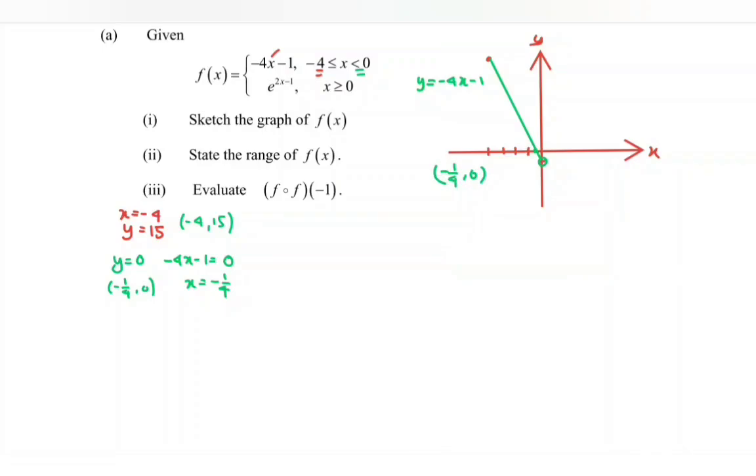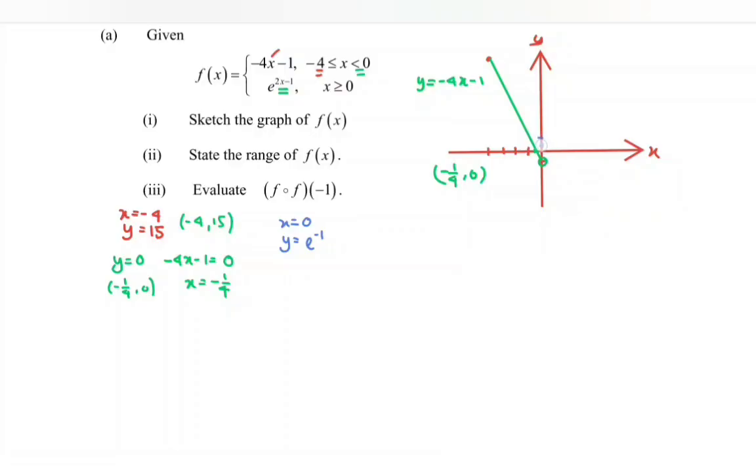Next is to sketch the exponential graph. So now we are going to focus on e to the power of 2x minus 1. If we substitute 0 in here, so when x equals 0, the value of y will be e to the power negative 1. By referring to the calculator, we have almost 0.36, something like that. So let's say here we have 1.